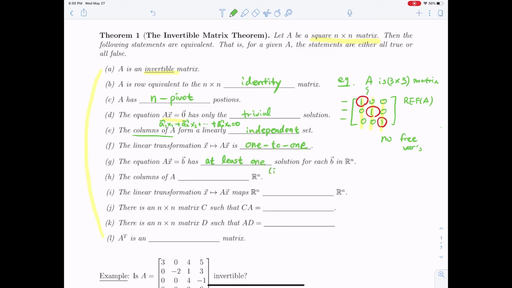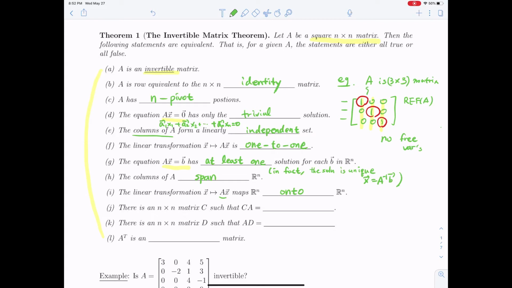In fact, the solution is unique because you can simply multiply both sides by the inverse matrix of A, so x is given by A inverse times b. And if the non-homogeneous equation is consistent, then the columns of A span Rn, and the linear transformation defined by multiplication by A maps Rn onto Rn.